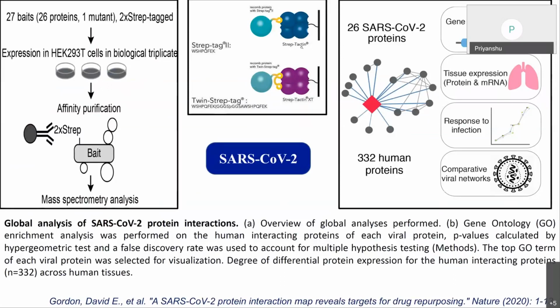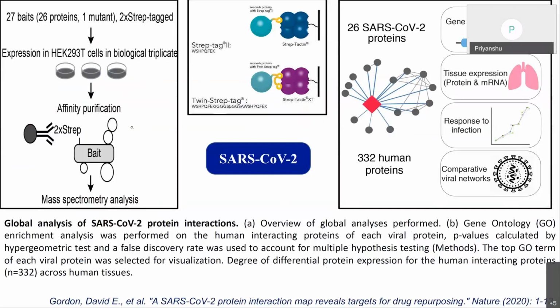This is a very new technique, Strep-Tactin. This is the bead where the streptavidin tag 2 binds. In this process, they used a twin streptavidin tag 2, so that this gives high binding affinity.